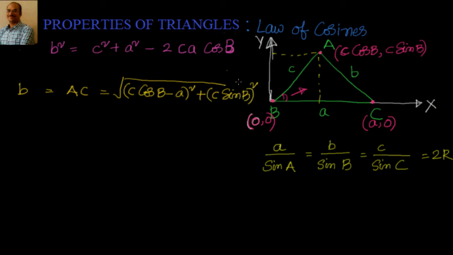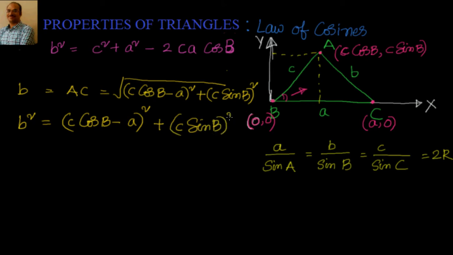This is the distance b, because we know that the distance between two points is x2 minus x1 whole square plus y2 minus y1 whole square. Now if I square on both sides, I will have b square equal to (c cos B minus a) whole square plus (c sin B) whole square.